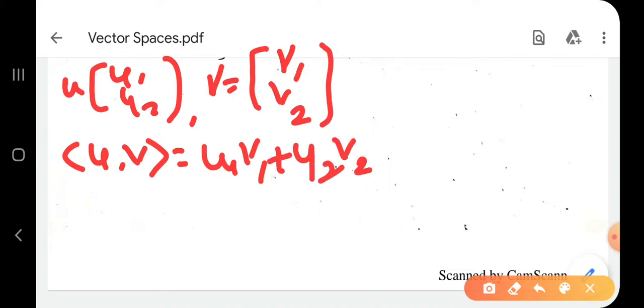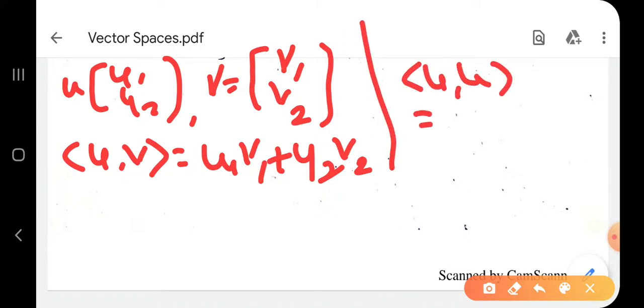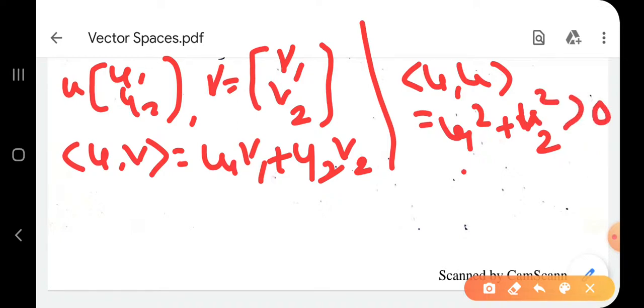Now we have to check whether it is an inner product or not. For positivity, the inner product with u gives u1 square plus u2 square. We know that a square is always positive, so no problem.